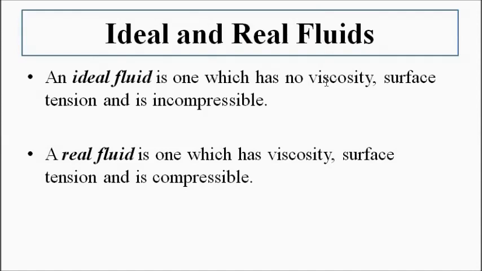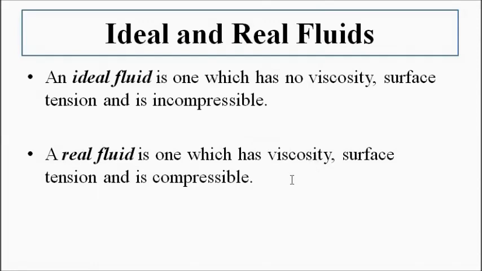And the ideal fluid does not exist. Even liquids undergo compression, although it happens to a very small extent, but they are assumed to be incompressible because the degree of compression is very small. Still, there is no ideal liquid or ideal gas. All the fluids, liquids and gases that we come across, come under the category of real fluid.